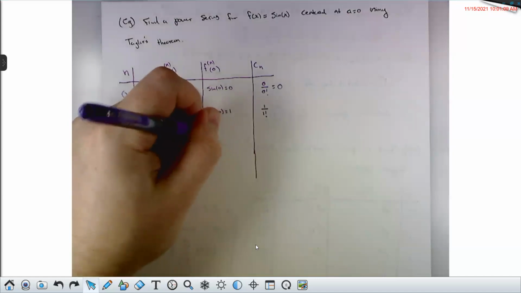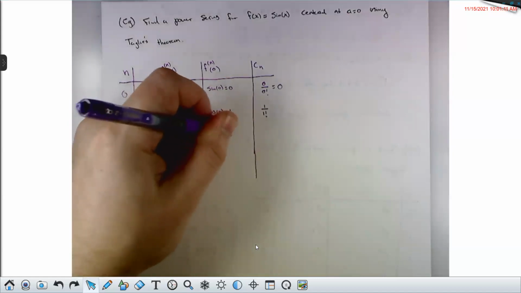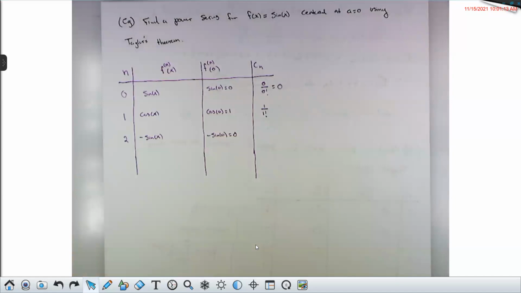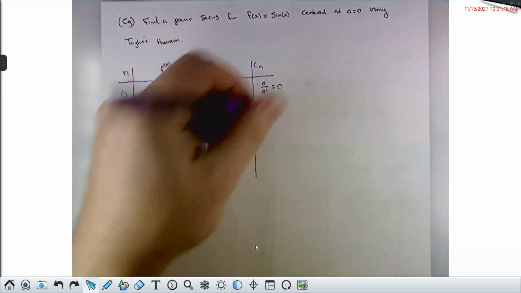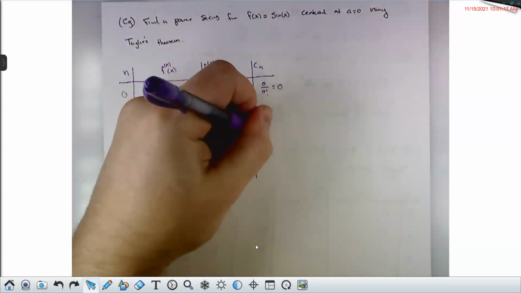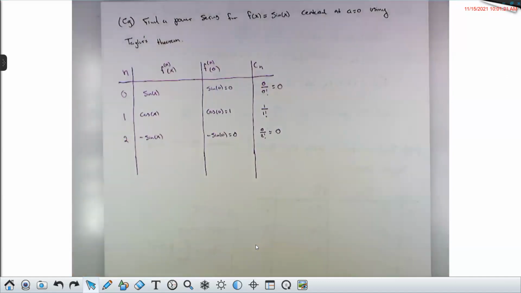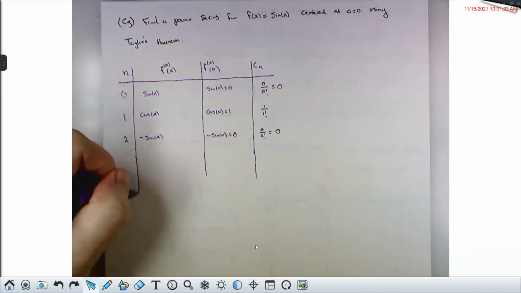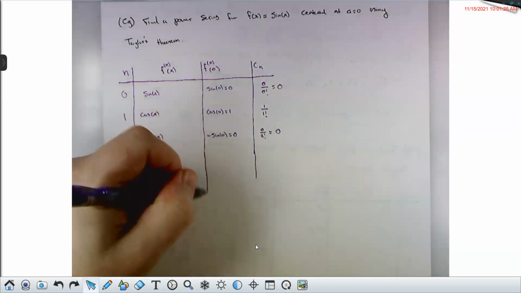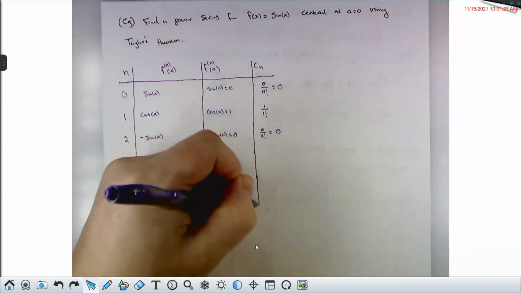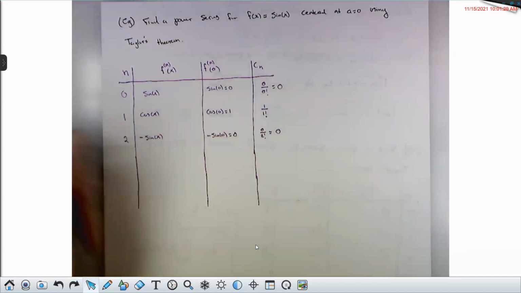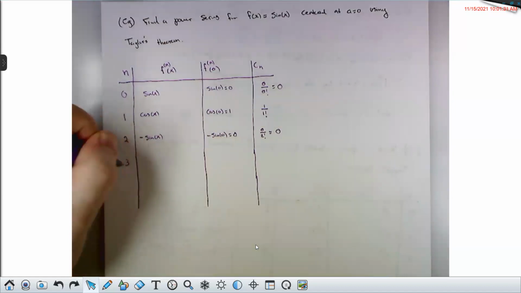And evaluating at 0, negative sine of 0 is 0. So C2 would be 0 over 2 factorial, which is 0. The only reason I'm simplifying the 0 guys is to emphasize that a lot of these coefficients are going to be 0. The others will all fall into a nice pattern.